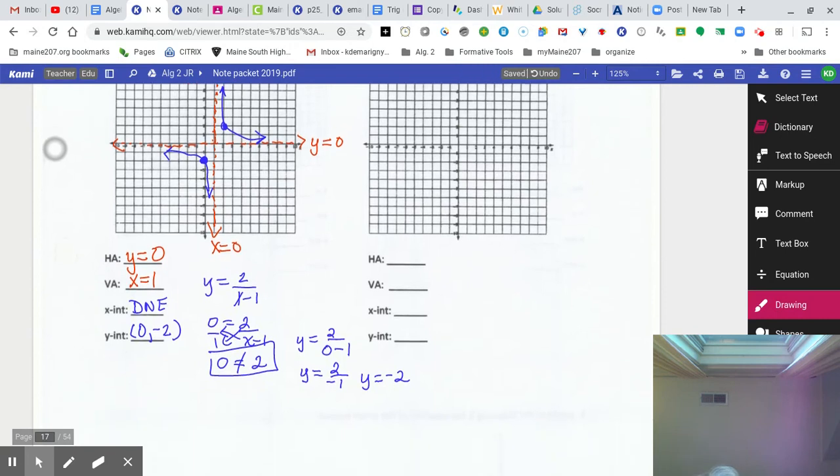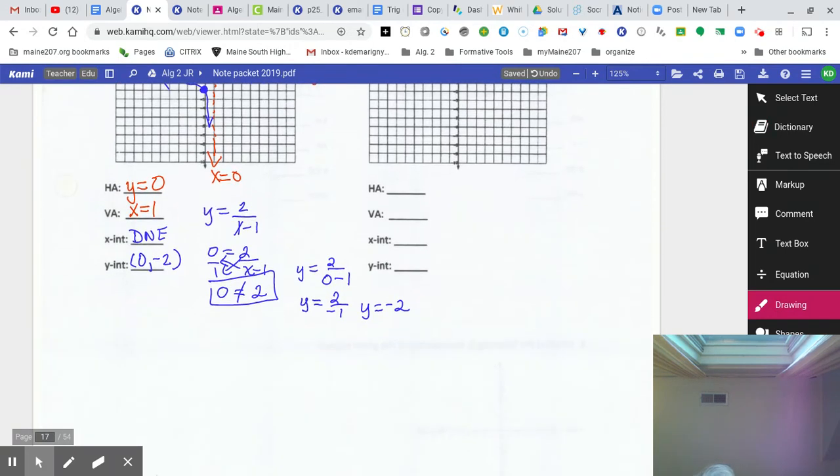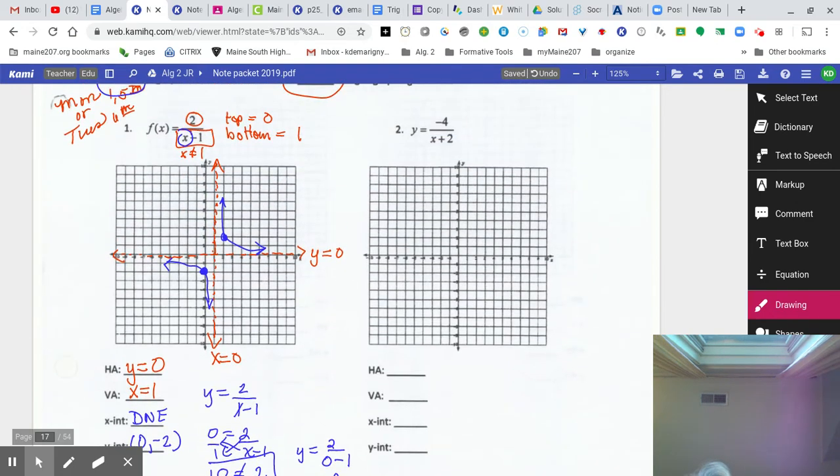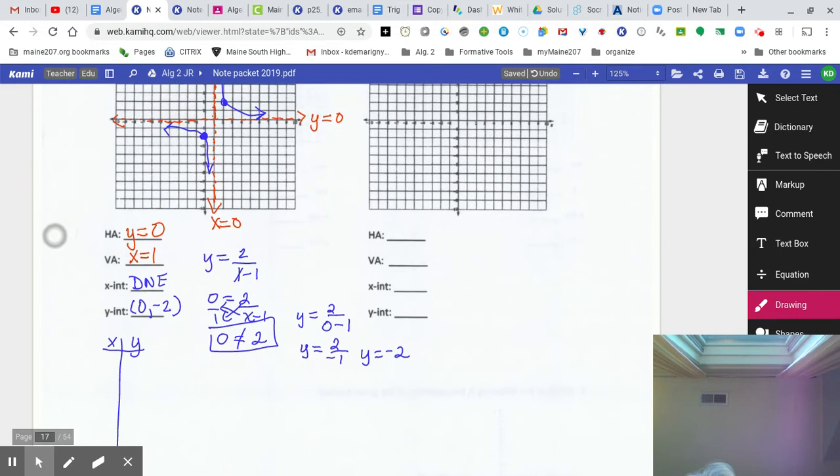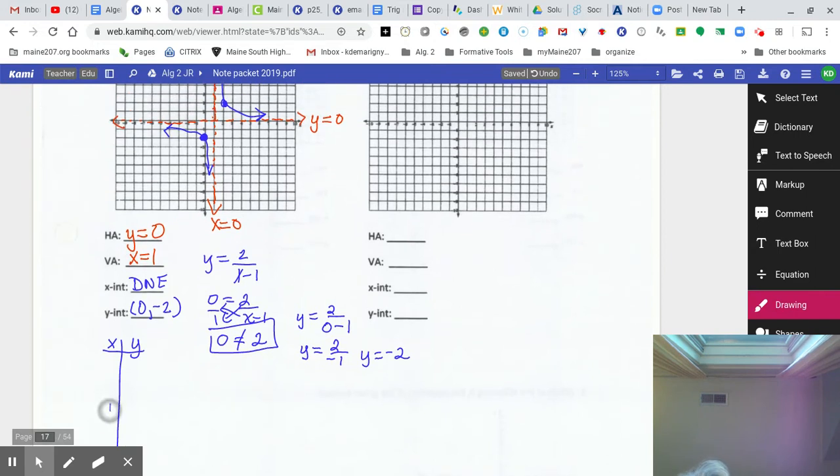If some of you want to actually do the rest of it, then the way that I taught you to do the rest of it is to make your XY chart. You take the value that is excluded, and the value that is excluded is this positive 1. X can never be positive 1. You choose 3 above and 3 below. So I need 3 that get bigger, and 3 that get smaller.